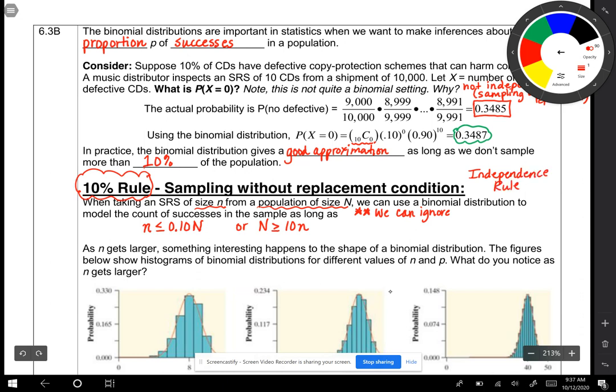So we can ignore independence as long as the sample is 10% or less of the population. And that's why I wanted to show you the CD one and see how close those probabilities were. They're close enough.